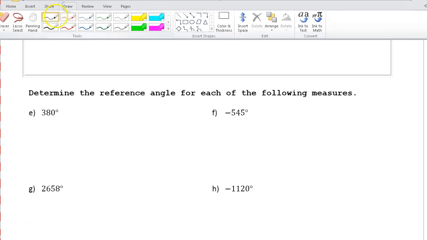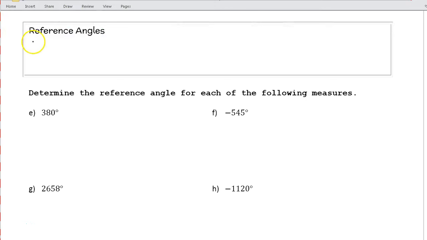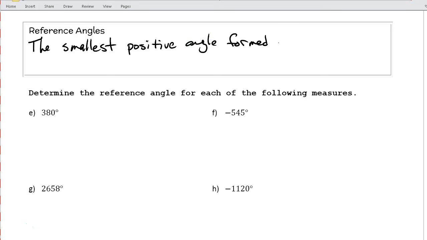So a reference angle is the smallest positive angle formed with the x-axis.